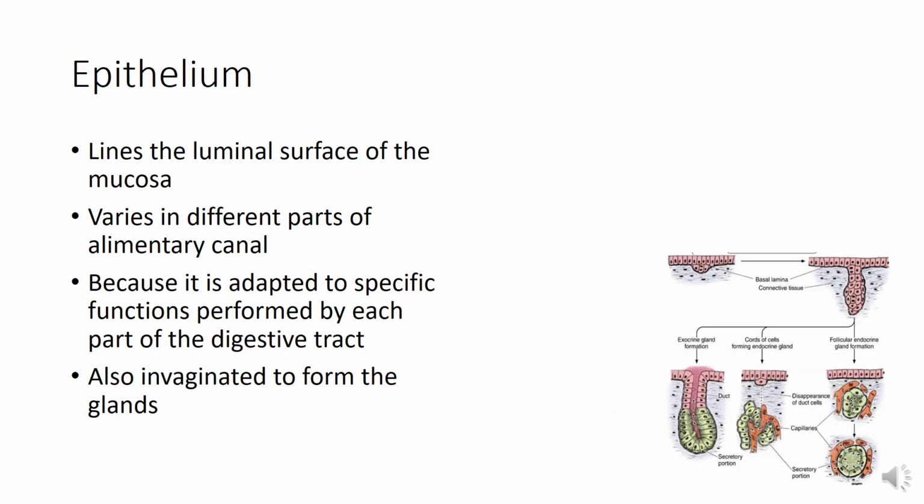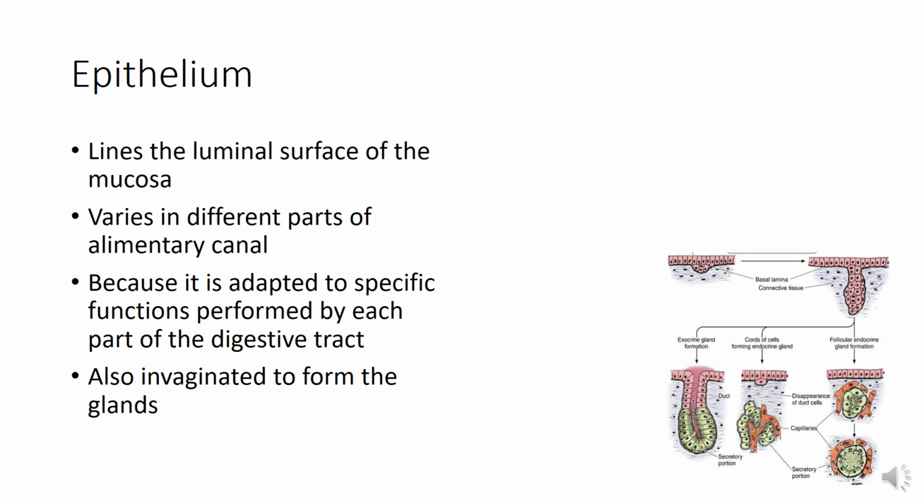Now, the epithelium. As you know, the epithelium lines the luminal surface of the hollow organs of the body, and it lines the surface of the mucosa. It varies in different parts of the alimentary canal because of the specific function performed by each part of the digestive tract. You know it very well. When you need some protection, there is stratified epithelium.